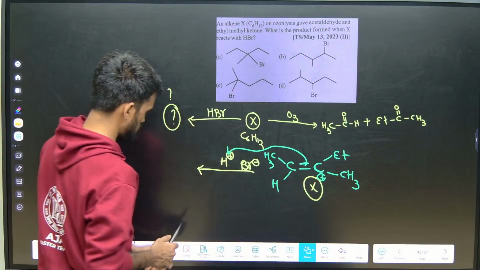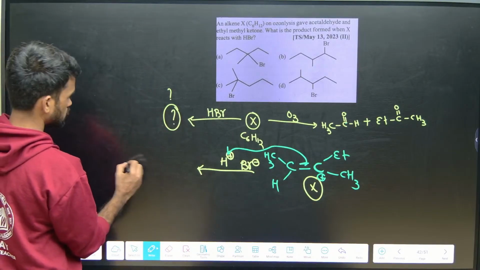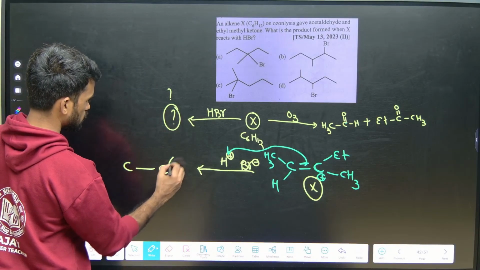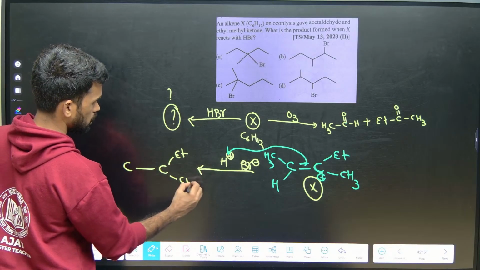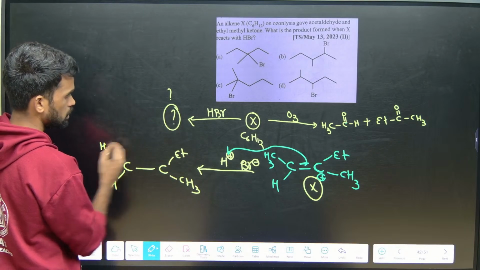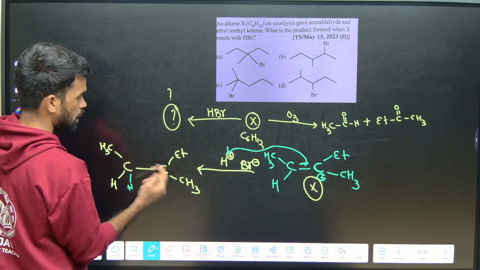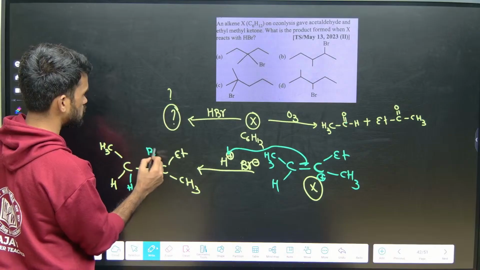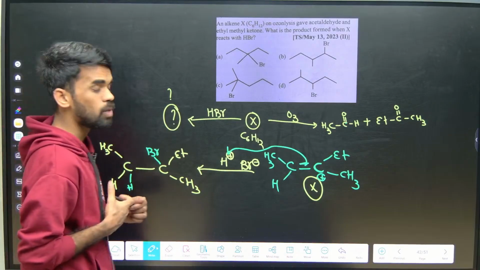You will get your answer like this: ethyl, methyl, CH3, with the newly added hydrogen here and the newly added bromine here. This is your final product. It follows Markovnikov rule addition.